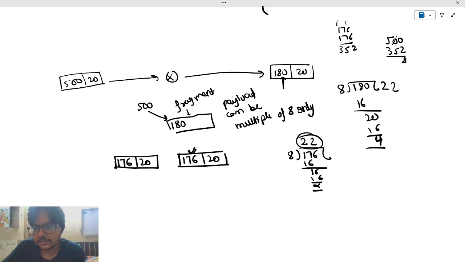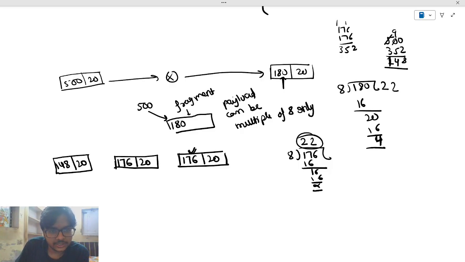So 500 minus 352 is 148. So now the third fragment will have 148 bytes of data and 20 bytes of header. So now these are the three segments. The router has made these three segments: this is your first, this is second, and this is third.